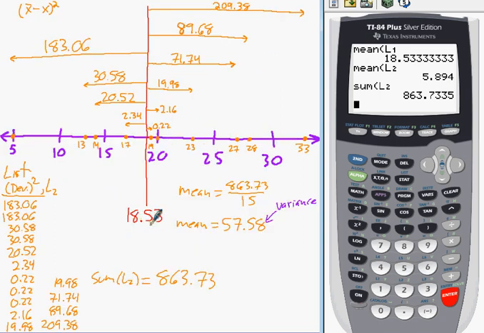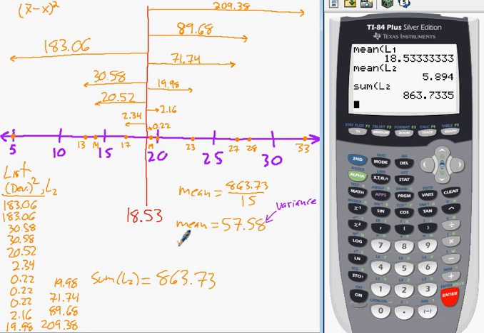If we take 18.53 and add 57, we're blowing right past both the maximum and minimum of our data. So it's going to have 100% of our data. Something's wrong, right? And what's wrong is the fact that we squared all these deviations. So these aren't the actual distances. They're much bigger than the actual distances. They're the squared value of them.